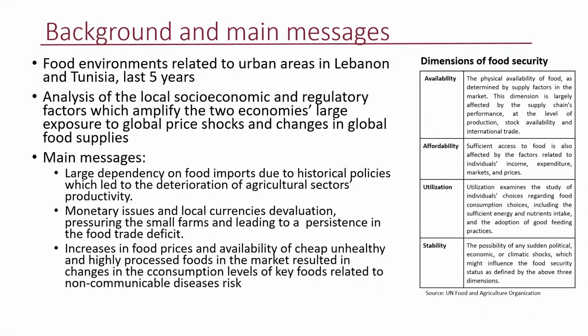And the last main message is that the increases in food prices and availability of cheap, unhealthy, and highly processed foods in the market resulted in changes in the consumption levels of key foods related to non-communicable disease risk, which we will show some data about later on in the presentation.